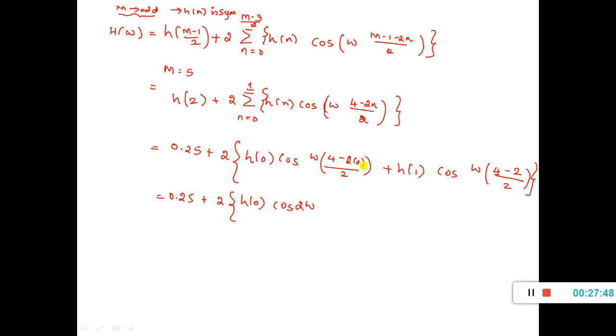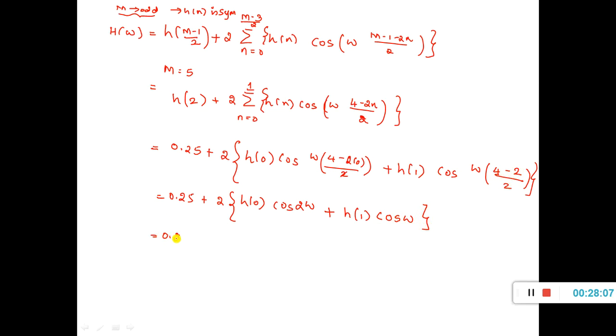Because 4 minus 2 into 0 is 4, 4 by 2 is 2, so cos of 2 omega. Plus h of 1 into cos of omega into (4 minus 2) by 2, that is 2 by 2 is 1, so therefore cos of omega.